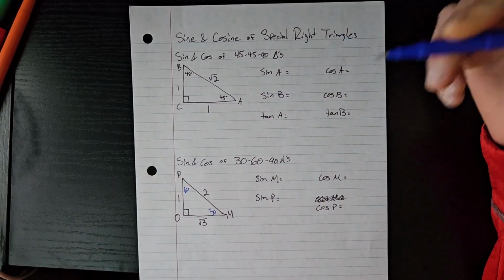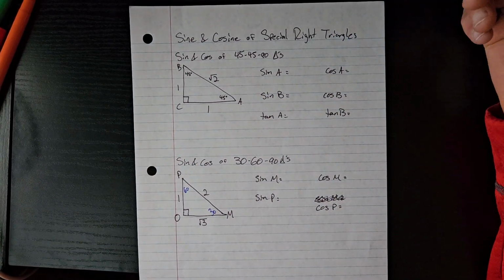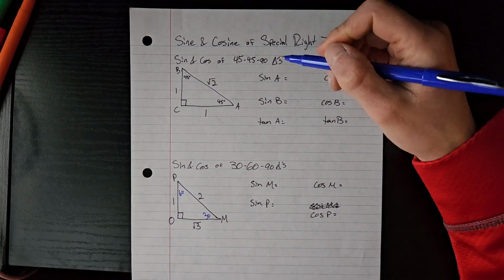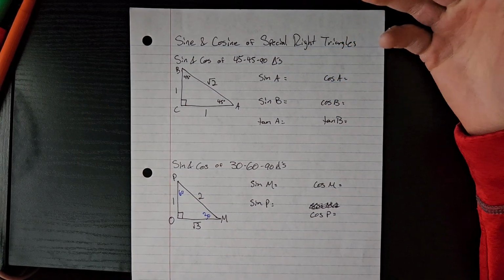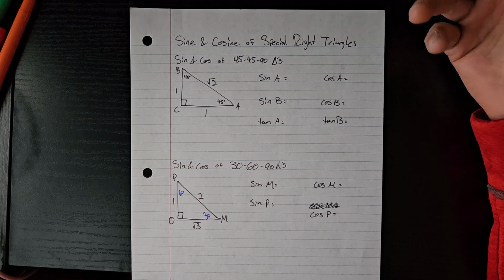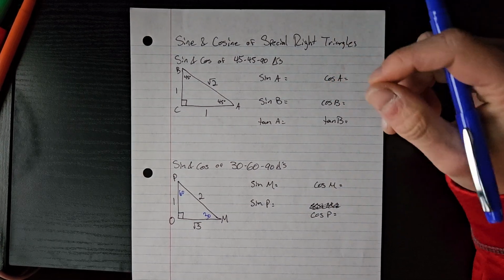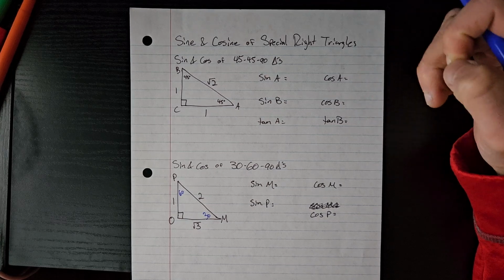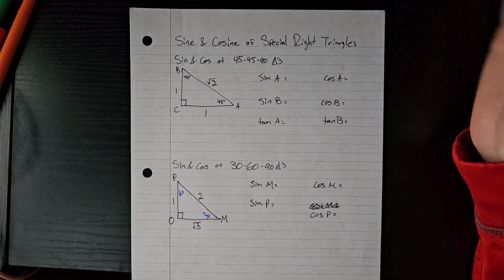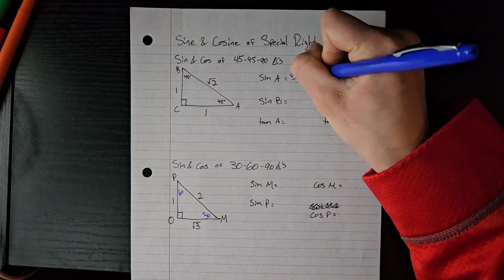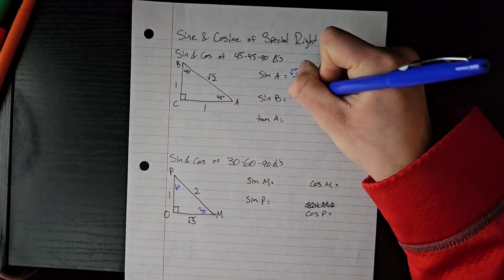It's about special right triangles with their sines and cosines and what that means. If you see a 45, 45, 90 triangle and you need to work with the sine and cosines, there are specific values you get. These relate to stuff that you work with further on in math. But just to write out what they are.